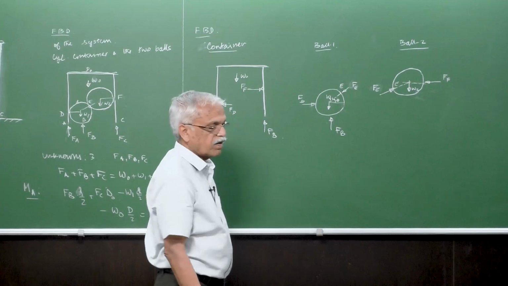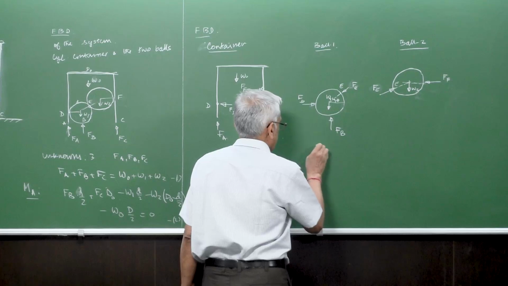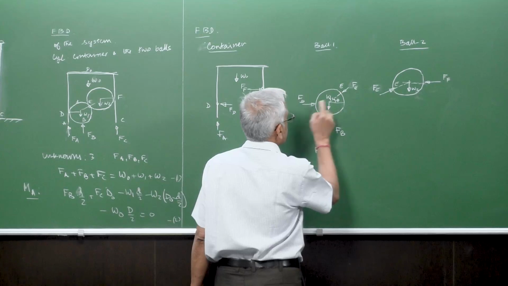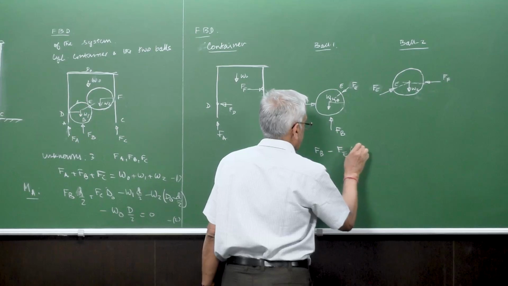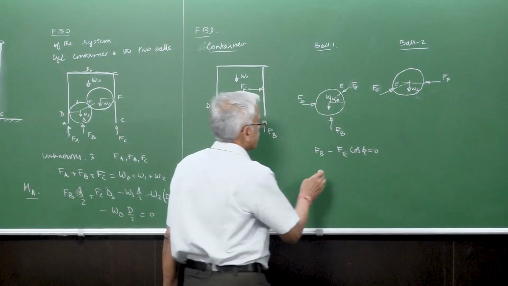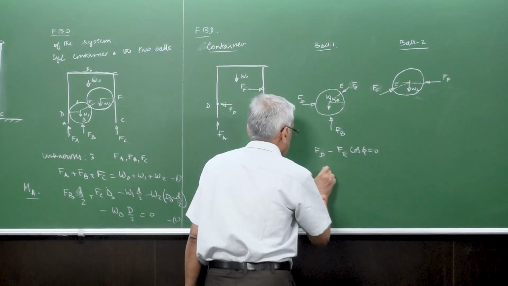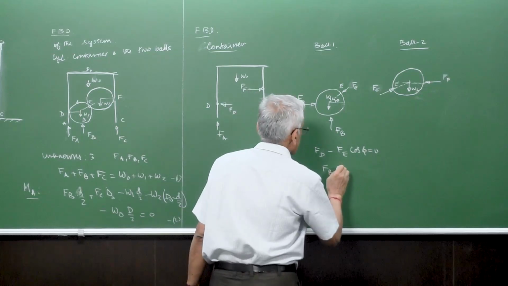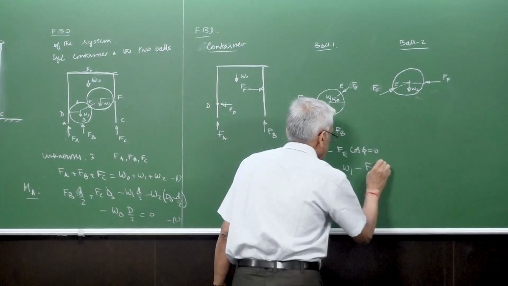Only the horizontal forces remain, for example. So for horizontal equilibrium of ball 1, FB minus Fe cos phi, this is the horizontal thing, right? And the vertical components are FB minus W1 minus Fe sin phi.